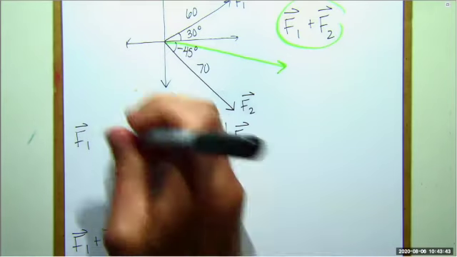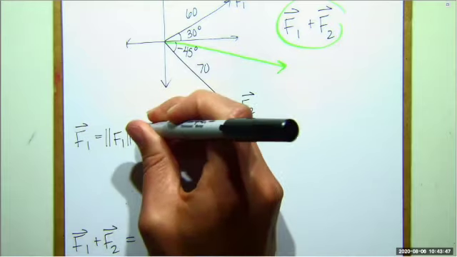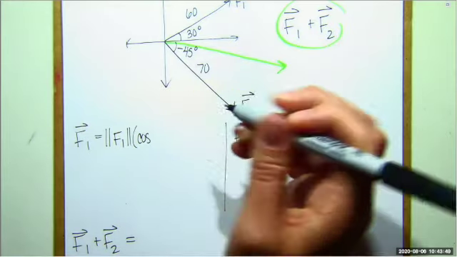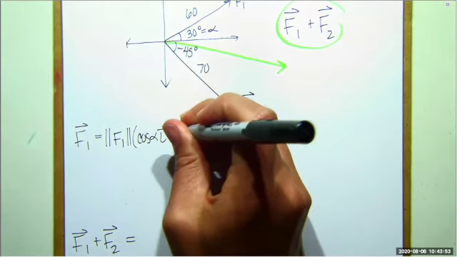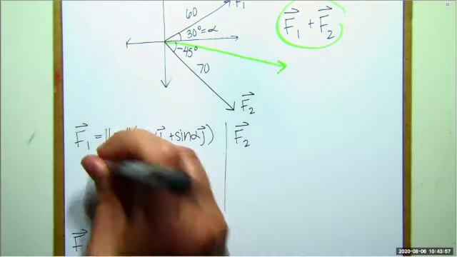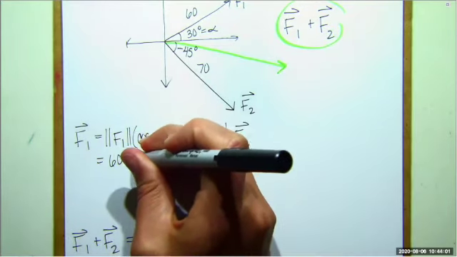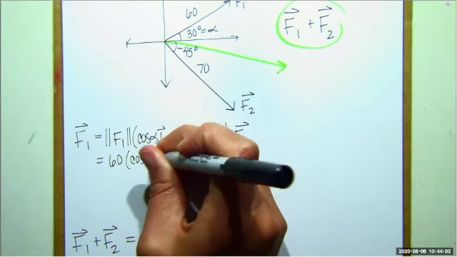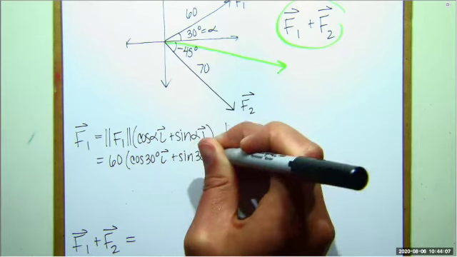Okay, so F1 is going to be the magnitude of F1 times cosine of, I'm going to call this alpha, i plus sine of alpha j. Okay, so our magnitude for force 1 was 60. And then we have cosine of 30 degrees times i plus sine of 30 degrees times j.